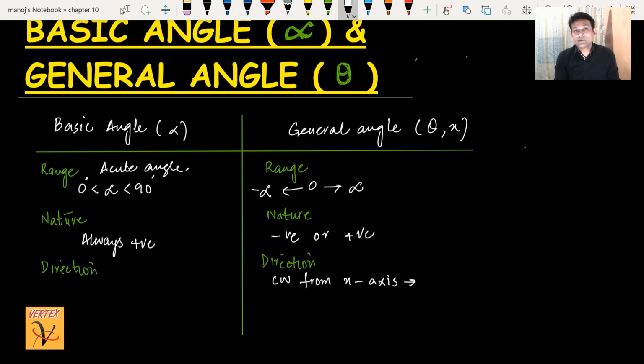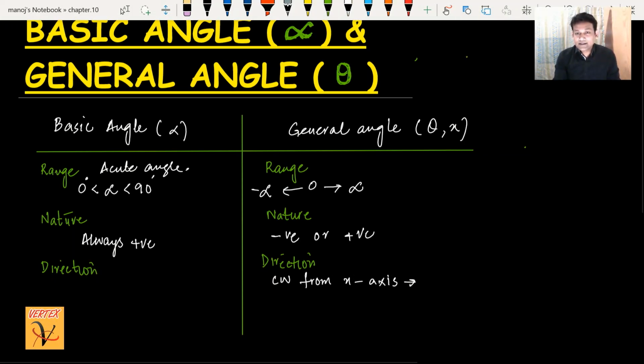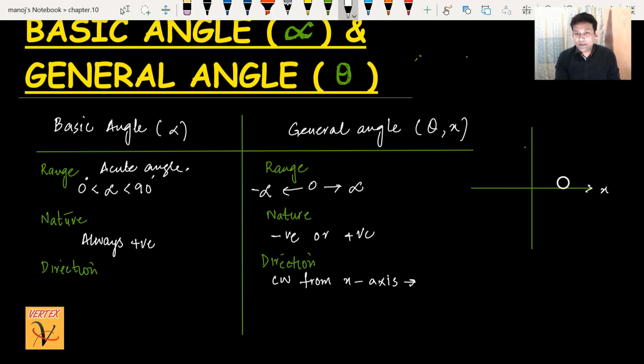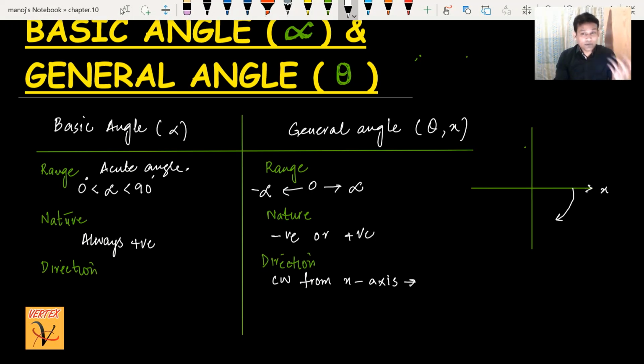Clockwise from x-axis means when I draw a simple axis here, and this is the x-axis, and from the x-axis when I move clockwise like this, there's no problem, we can rotate any number of times, but this direction from x-axis clockwise is always considered negative.